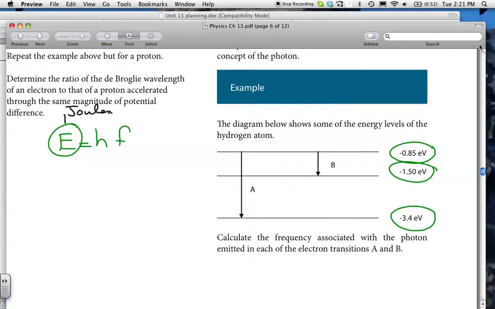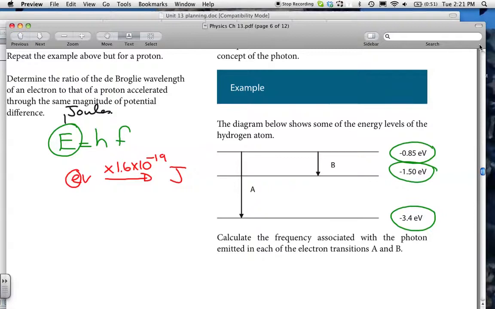So we must always convert our eV to joules. When you go from eV to joules, you always multiply by 1.6 times 10 to the negative 19, which is the charge of an electron, 1.6 times 10 to the negative 19 coulombs.